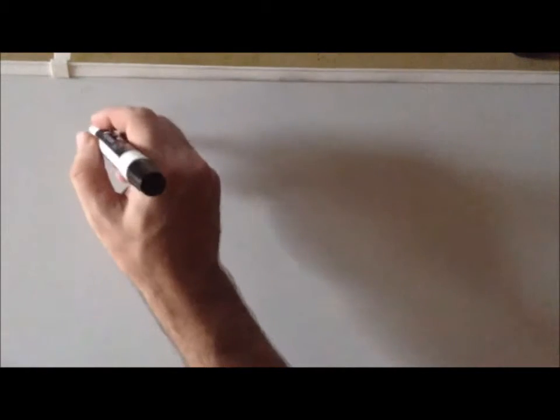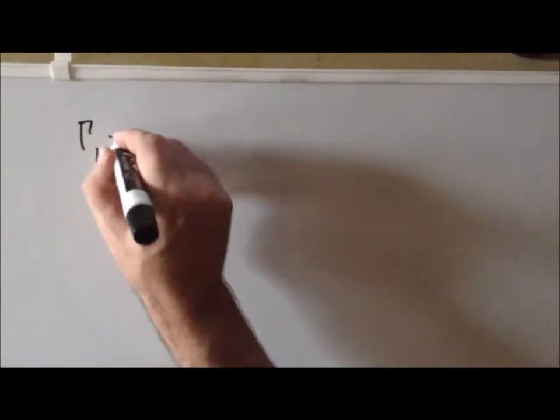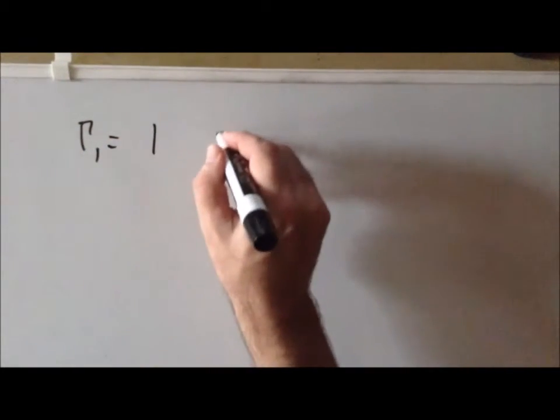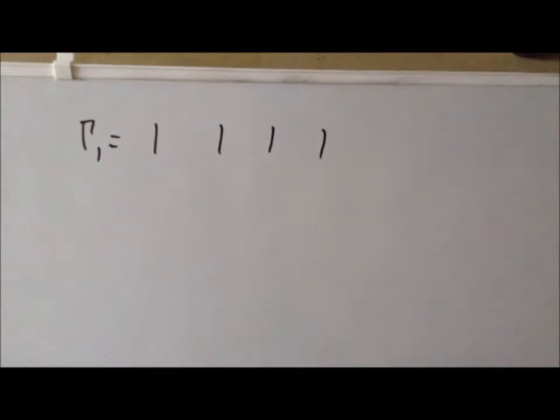Well, I'll show an example first. Let's assume we have two different representations in the group C2V. The first representation is going to have the characters 1, 1, 1, and 1, and we recognize that that's the totally symmetric representation.